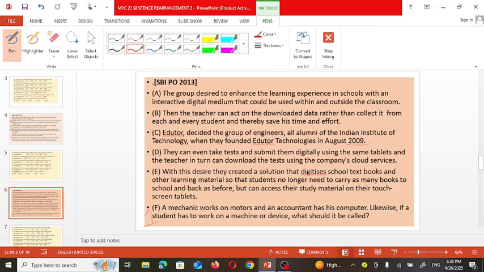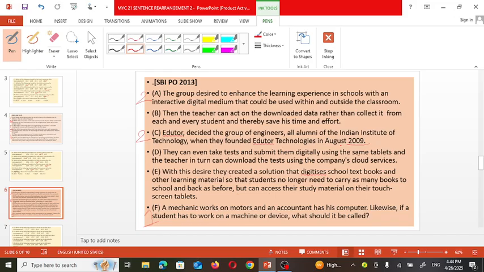Now after F means how to start this discussion. I think here after F, yes, C. This can be the second sentence. Editor decided the group of engineers, all alumni of Indian Institute of Technology, when they founded Editor Technologies in August 2009.